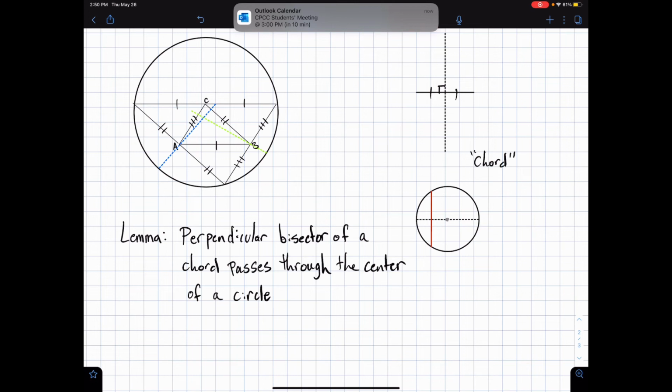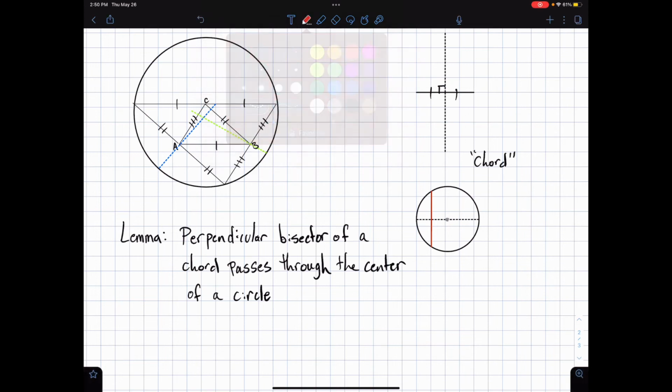And then we're going to draw the perpendicular bisector for this chord. I'll do that one in red. It should be a perfectly vertical line. That looks pretty good right there. And then we will also extend that one.